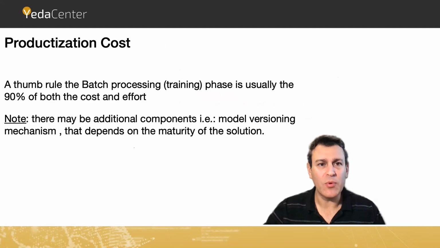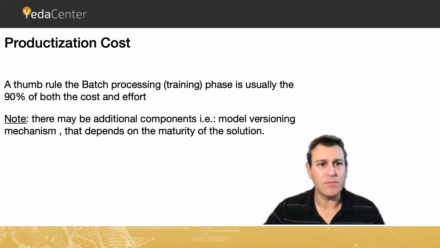As a rule of thumb, batch processing, the training, usually costs 90% of the overall serving solution. This is not the case for online learning, but as I mentioned before, most of the cases in machine learning are offline learning.